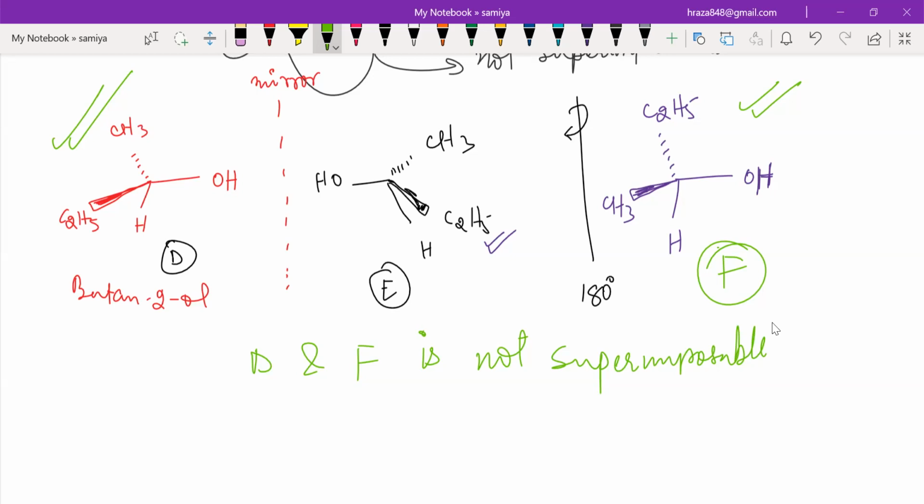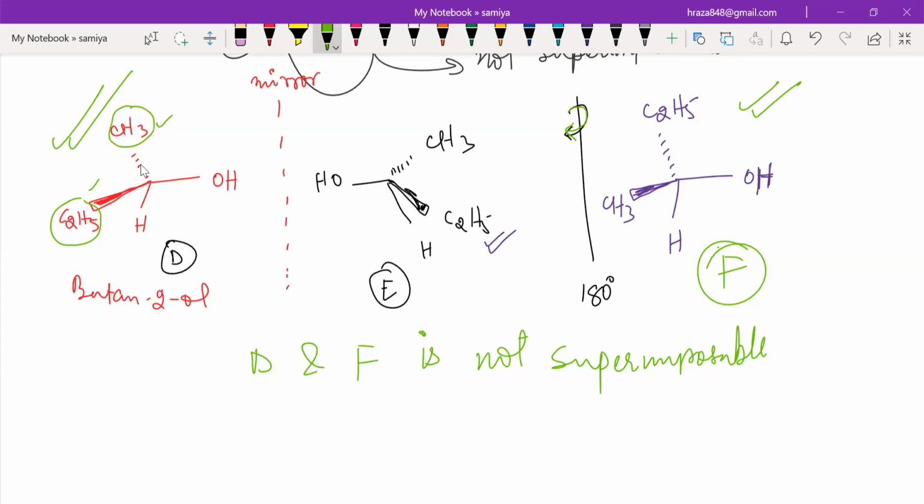Done, sir. Very good. So you can see that in the previous question, in place of C2H5 there was CH3, so CH3 either stands here or here, it will be the same. After rotating by 180 degrees, it changes its place, but if both are the same group, it won't affect anything.